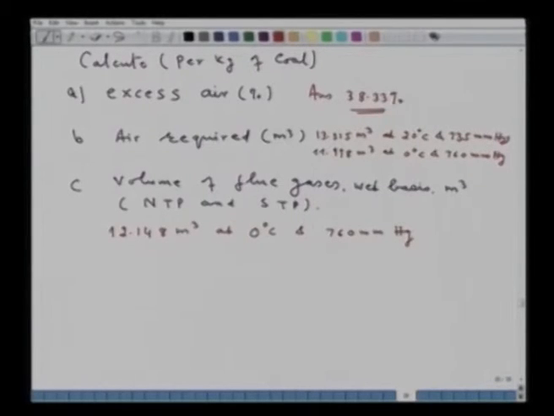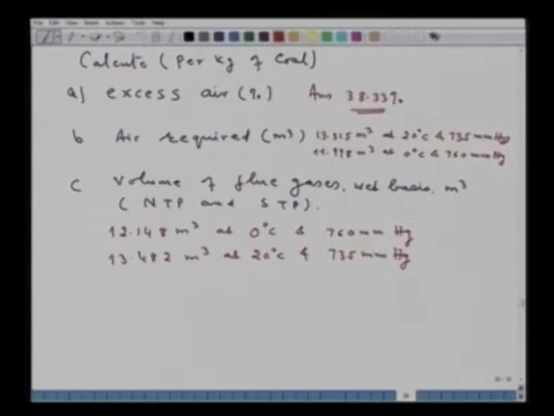Now, this volume is also 13.482 meter cube at 20 degree C and 735 millimeter mercury. At all other temperatures and pressures, you can calculate this volume also. So, this is the problem which I thought you will do yourself.